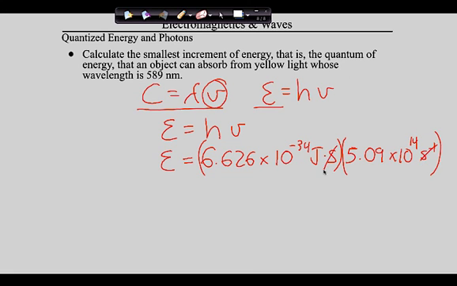Notice that the seconds cancel and we're left with joules. I'm counting on you to have the calculator. What'd you get? 3.37 times 10 to the negative 19th joules.